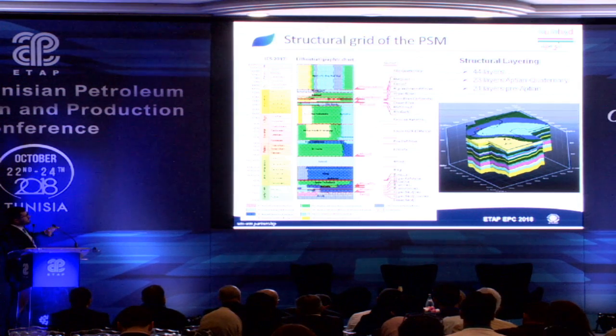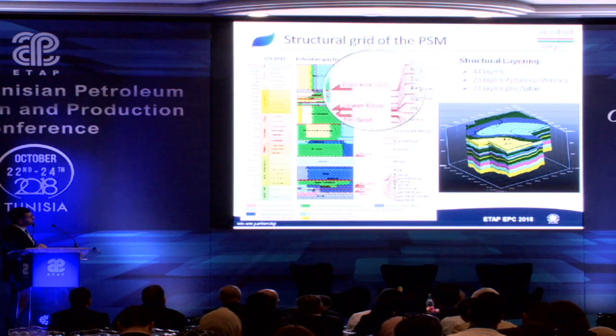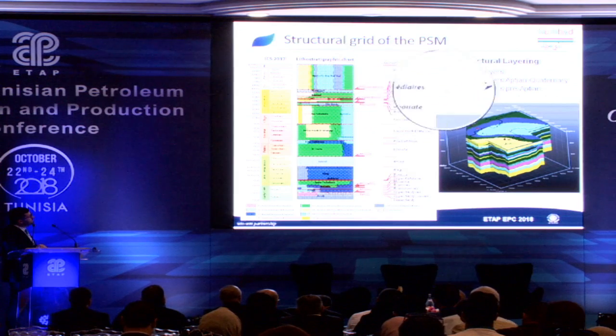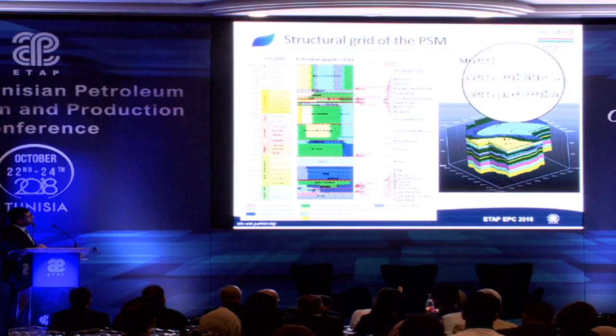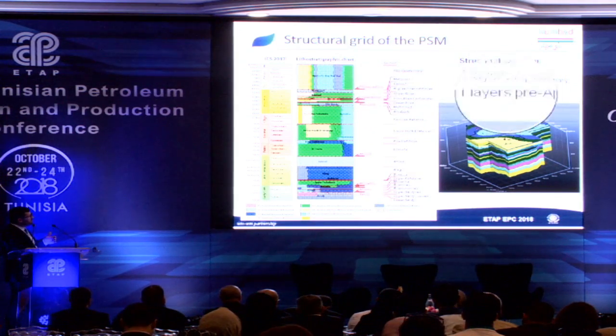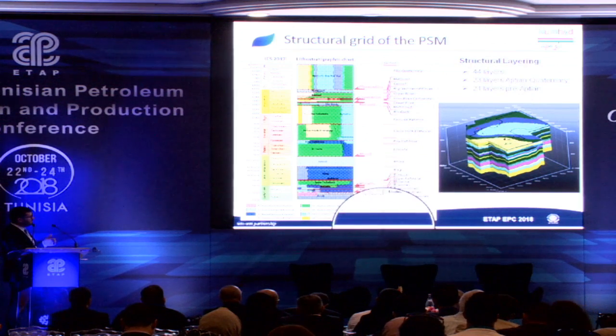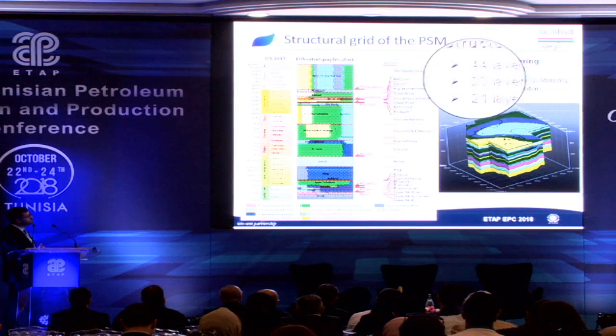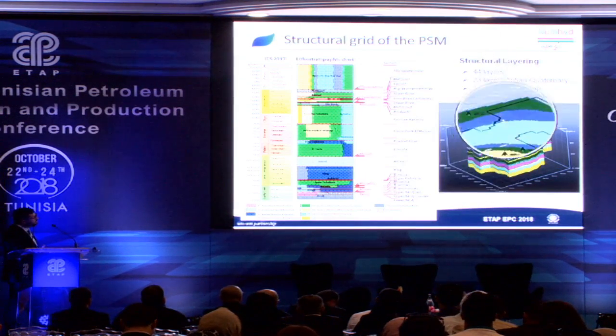Based on this skeleton of the model, we put some interlayers in the model. So these are all these layers, okay? And you can see that we have 23 layers. We also add some layers below this stratigraphic column from Aptian to the basement. So in total, we got 44 layers in the model. This is an image of this model.